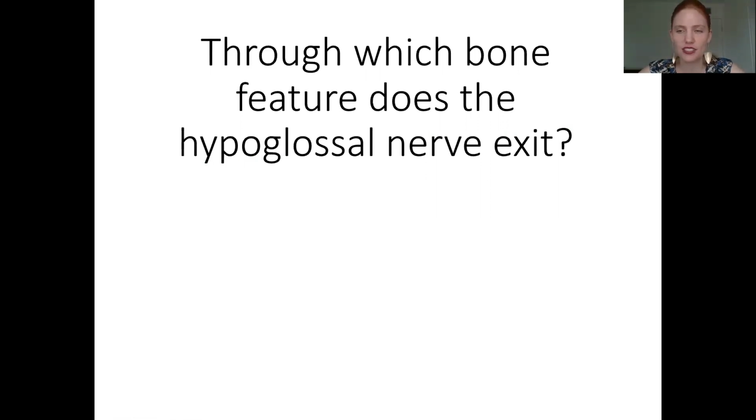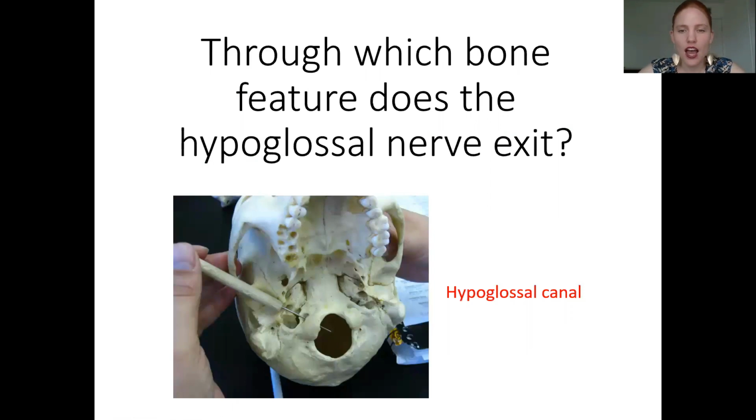That would be the hypoglossal canal. So here is the foramen magnum, the big hole. Here are the occipital condyles running underneath it. I like to think of it like water going under a bridge. That would be the hypoglossal canal, and so that's where it would exit through.